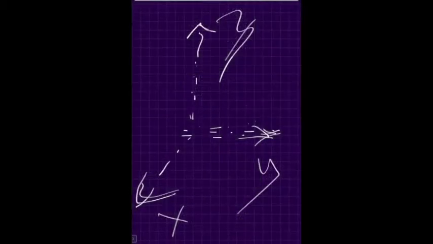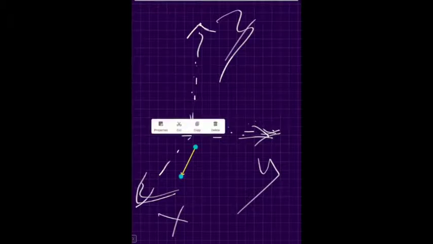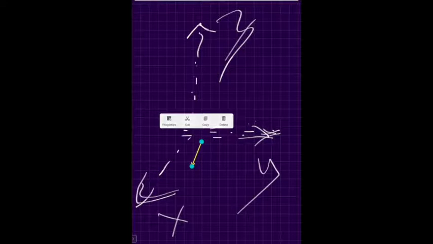Okay, if this is our XYZ coordinate system, there's a vector of unit length, like this vector here. It's supposed to be pretty short.